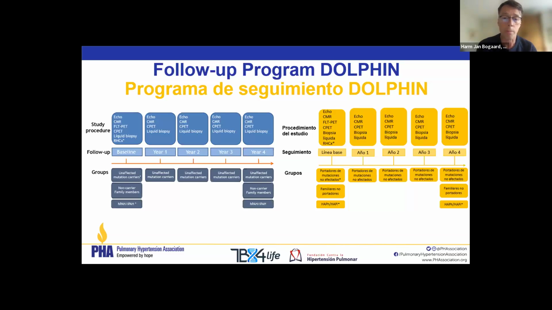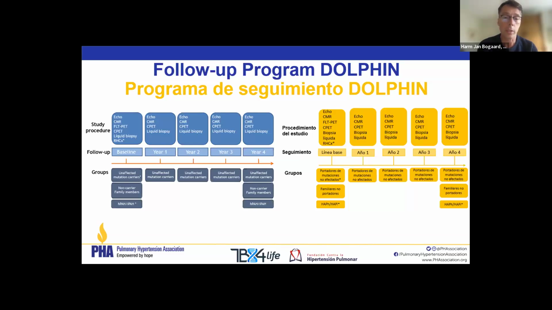Because when you follow a group of carriers of the mutant gene, some of those patients will develop the disease, and you can look at earlier time points before these individuals develop the disease, whether any blood test or exercise test or maybe a CT scan or an MRI scan already had signs of early development of pulmonary vascular disease, not so much right heart failure, but early signs of lung vessel problems that are heralding the development of pulmonary arterial hypertension.